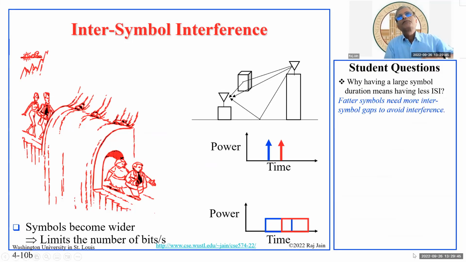The question is, why does having a large symbol duration mean having less ISI? I should have said more.